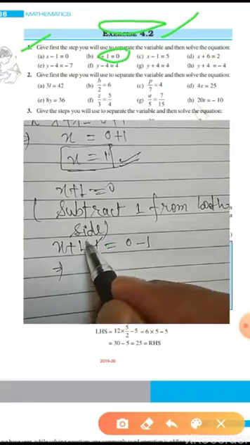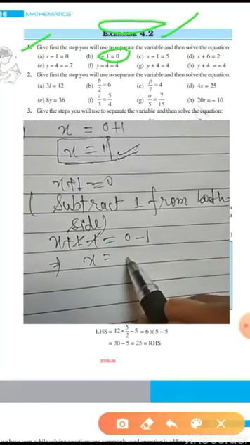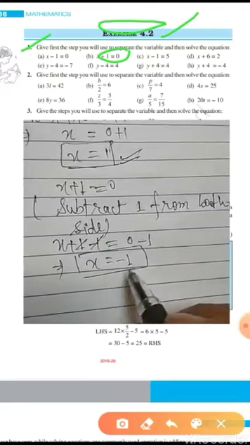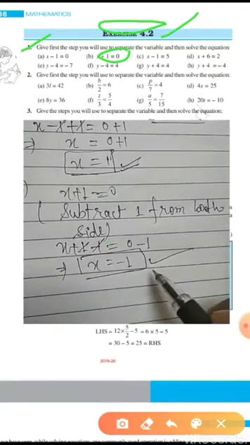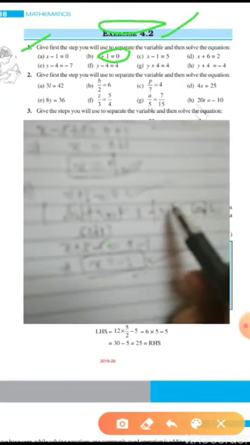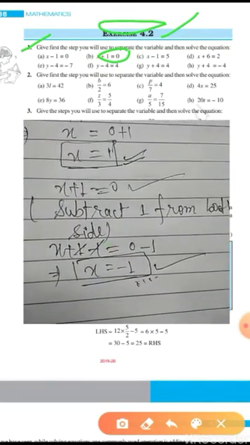So it will cancel. x is equal to 0 minus 1. So x is equal to what? Minus 1. x is equal to minus 1 will be the solution of this equation.